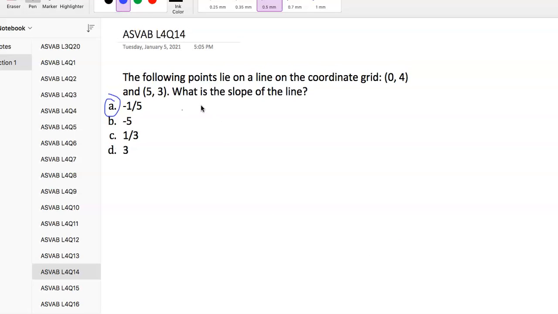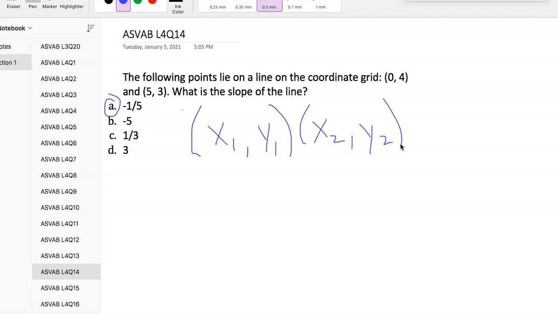Okay, so what that means is, when you have those coordinates, (0, 4) and (5, 3), this is x1, this is y1, this is x2, that's y2. So that's what those are, right?